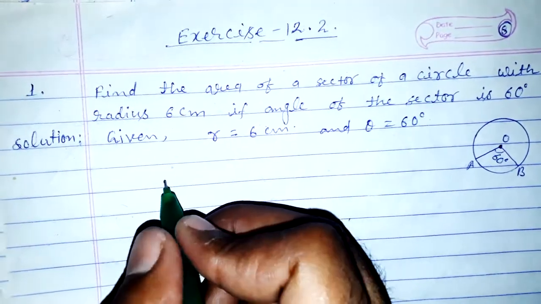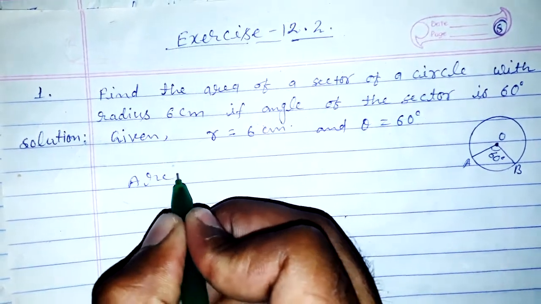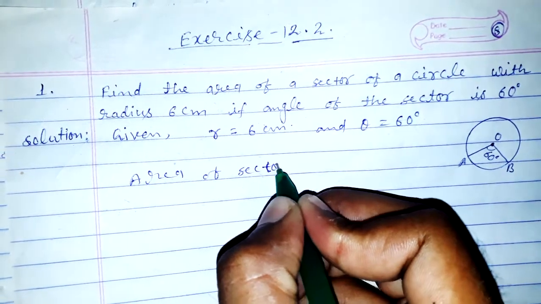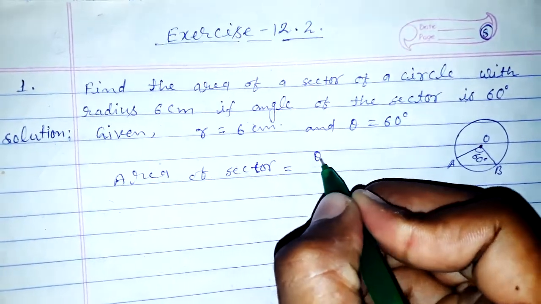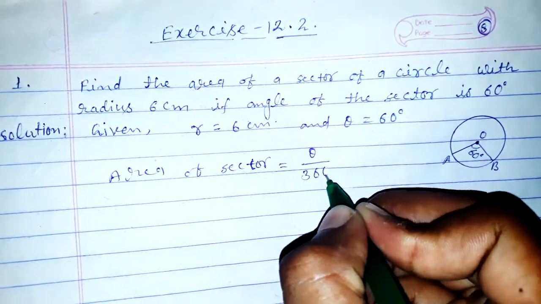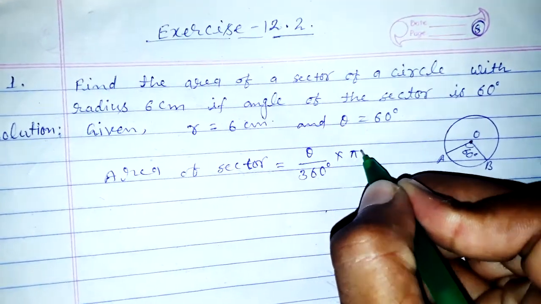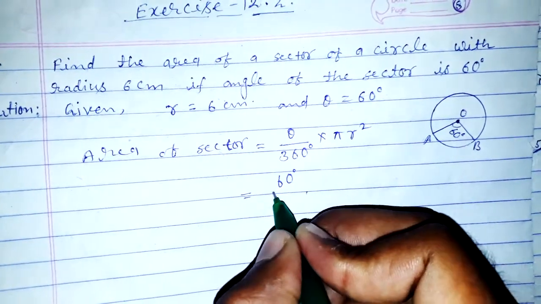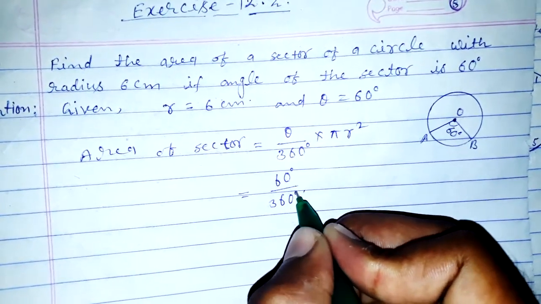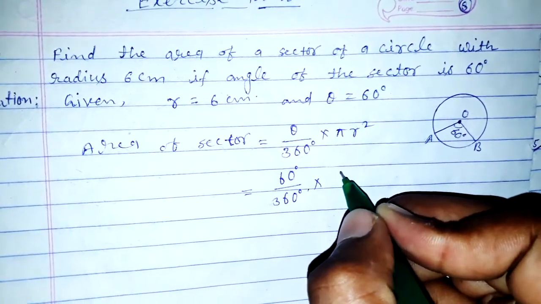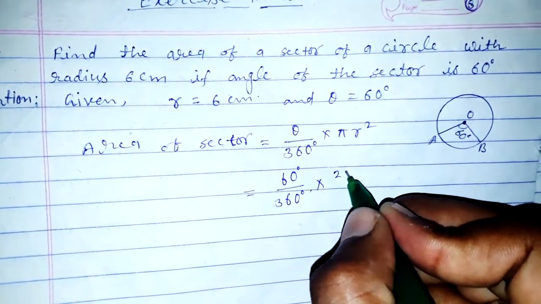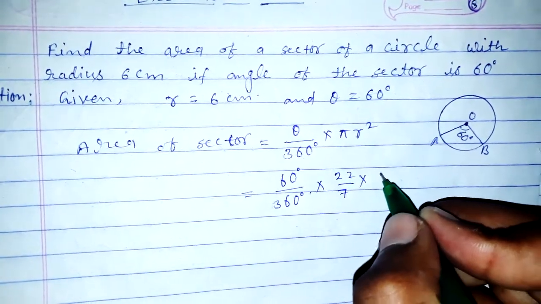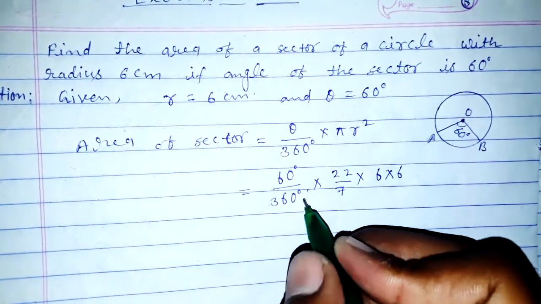Formula: area of sector is equal to theta upon 360 degree into pi r square. So theta is 60 degree upon 360 degree, pi is 22 upon 7, into r is 6, so 6 into 6, here r square.